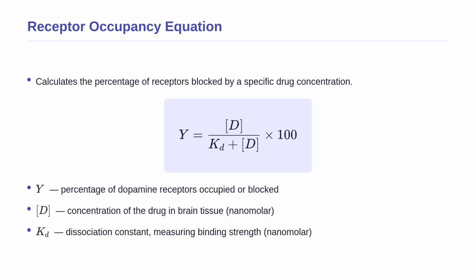Kd represents the dissociation constant, which is a measure of how strongly the drug binds to the receptor. A lower value means a tighter bind. The formula tells us that as the drug concentration increases, the receptor occupancy will also increase, eventually maxing out at 100%.